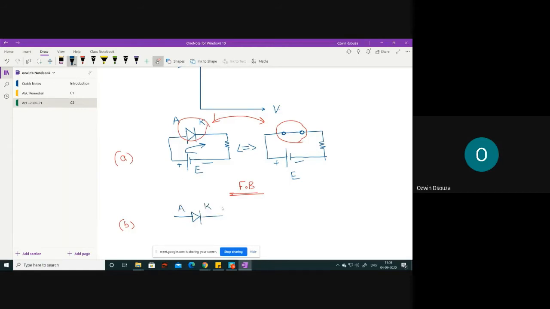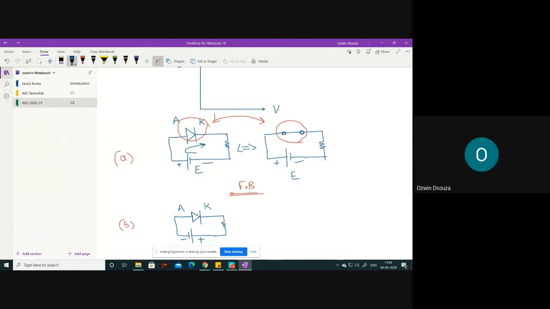This is your anode terminal and this is your cathode terminal. Let's say you have this current limiting resistor. The polarities of the battery are now swapped, as in the negative terminal of the battery is connected to the anode and the positive terminal of the battery is connected to the cathode.